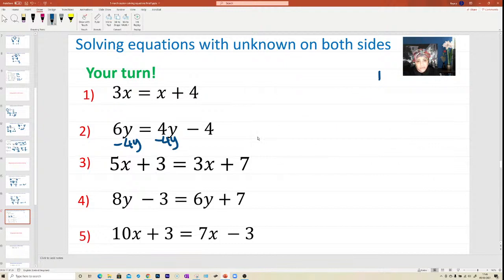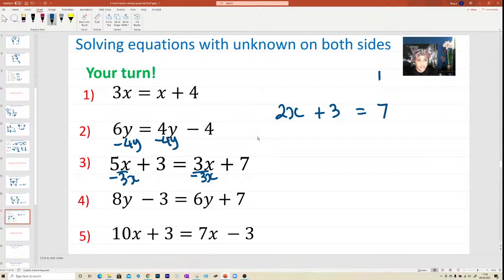Right, and number 3. So what do we have? 5x plus 3 equals 3x plus 7. The small one is 3x and it's positive. So we're going to take away 3x, take away 3x. 5 take away 3, so that's going to give you 2x. And then we got the plus 3 equals 3x take away 3x is 0, and that's going to be 7.